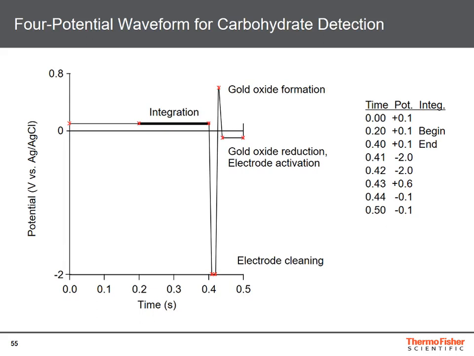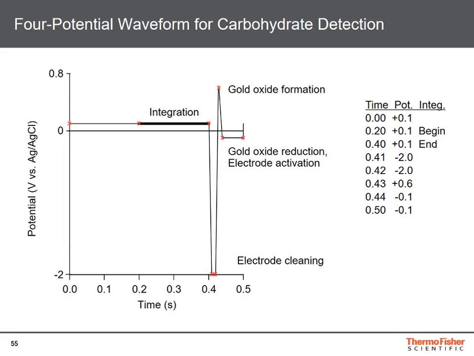This so-called delay time is necessary because I just mentioned that we are generating two different kinds of currents, the charging and the Faraday current. The good thing is that the charging current decays much more rapidly than the Faraday current, so if I'm waiting a little bit of time, I can truly measure the Faraday current only.